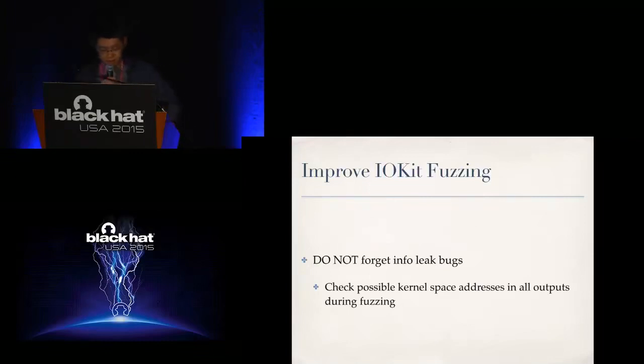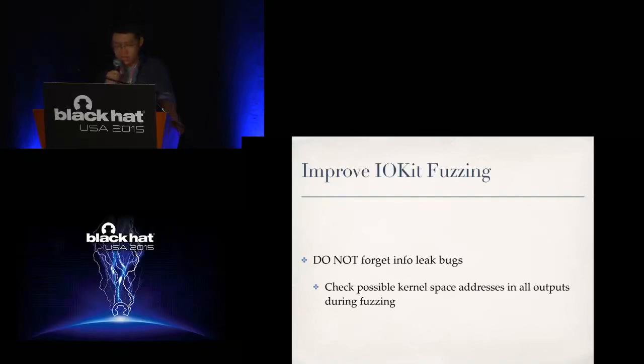Okay, so another tip is that information leak bugs are really important these days, because if you want to write a working exploit, you need to bypass the mitigations, and the most important mitigation is always ASLR. So what do we do in our fuzzer?